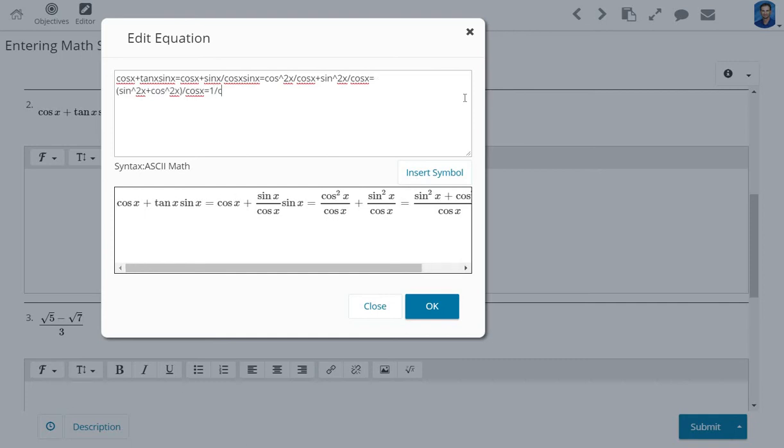Equals 1 divided by cosine x, of course sine squared plus cosine squared is 1, that's where that came from. And that equals secant x. So again, there's the whole process, kind of showing my steps.